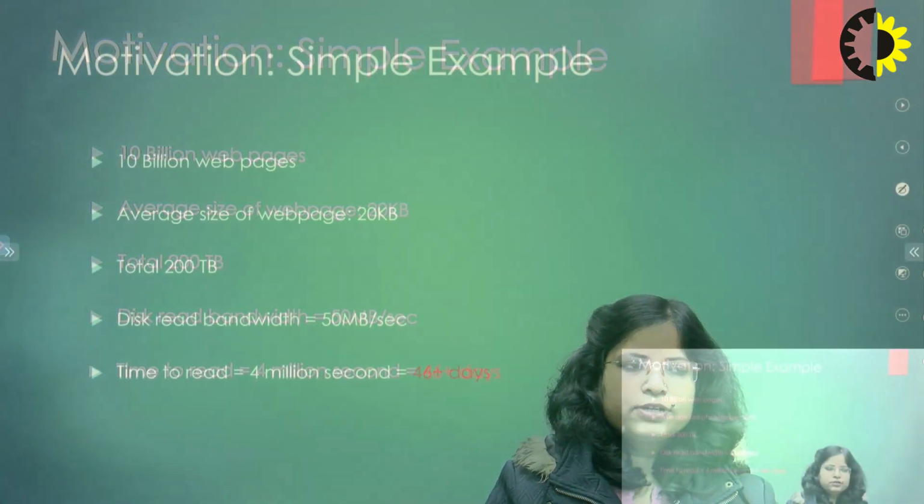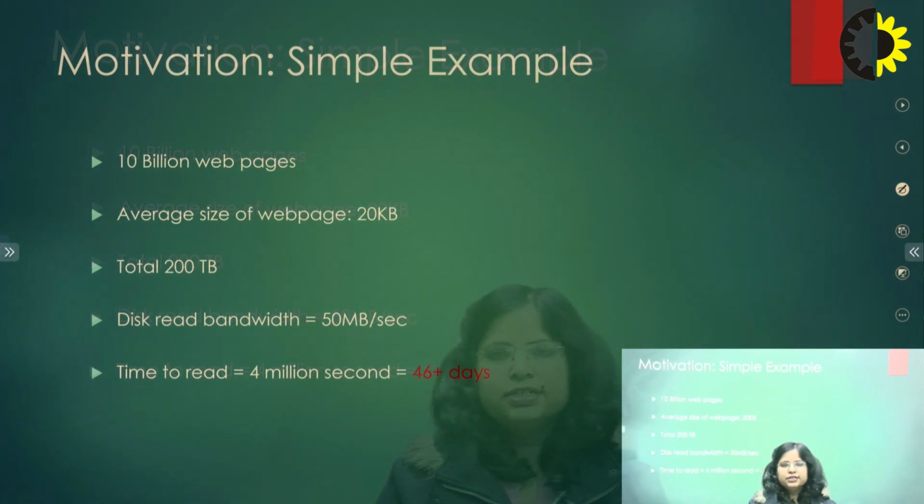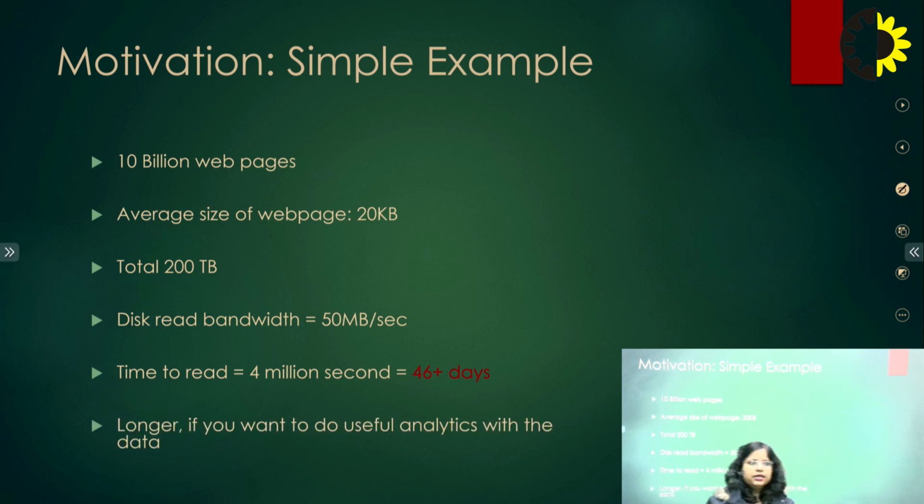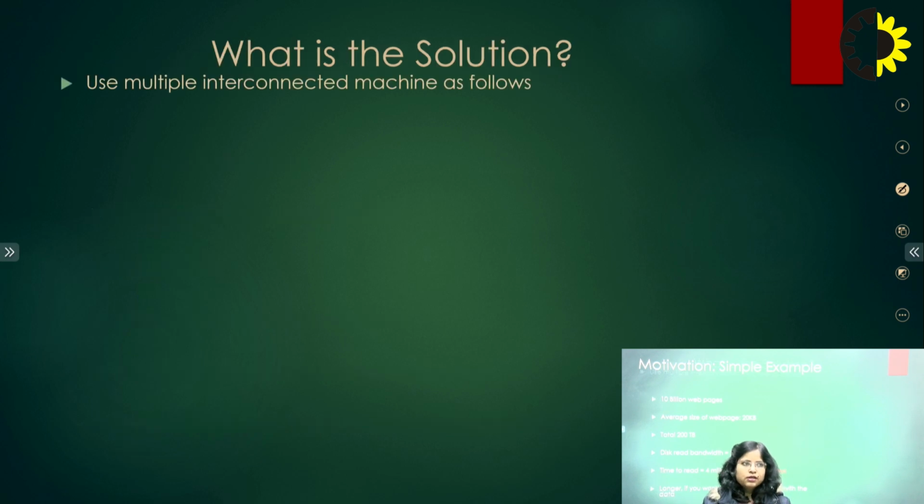The total time to read is almost 4 million seconds, or in summary, almost 46 plus days for reading. So if we need to apply some data analytics on these web pages, it will require more days.